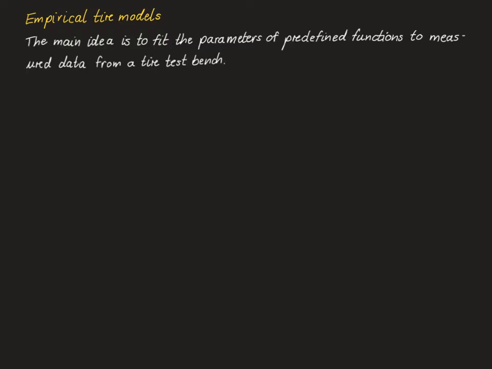The second large class of tire models, besides analytical tire models, are empirical tire models. The main idea of empirical tire models is to choose a certain class of functions that contains parameters and then to fit those parameters to the measured data of the tire from a tire test bench.